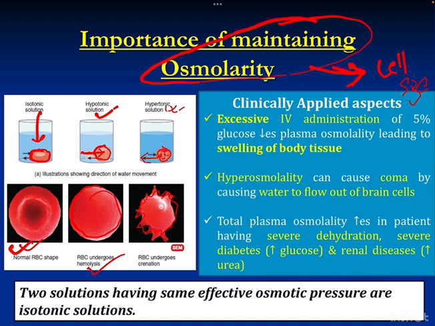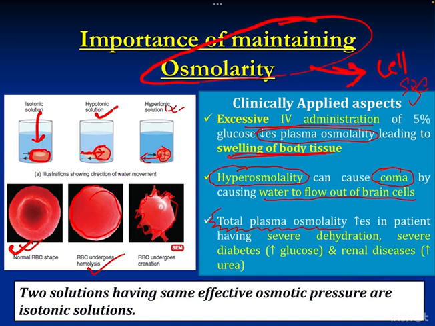Some clinically applied aspects are: excessive IV administration of 5% glucose decreases the plasma osmolarity, and this will lead to swelling of the body tissues. Hyperosmolarity can cause coma by causing water to flow out of the brain cells.